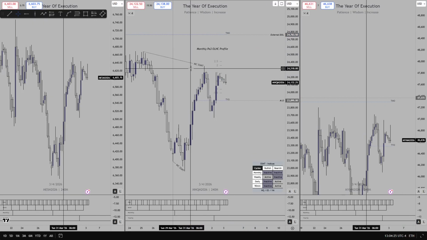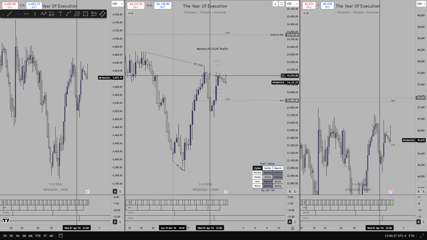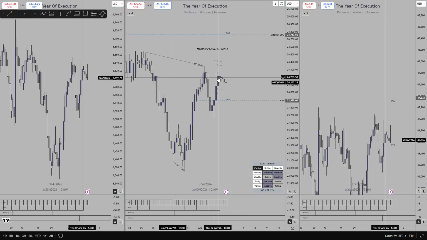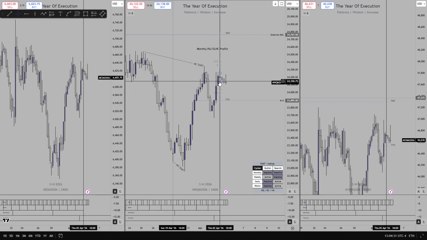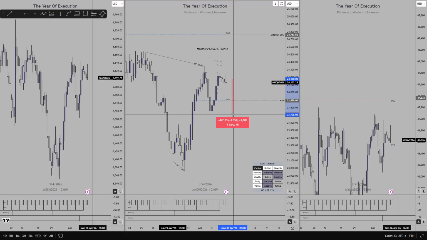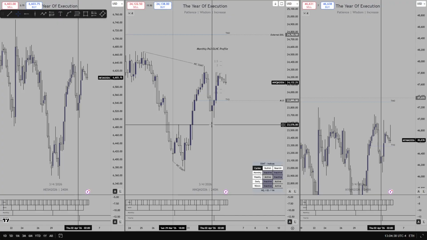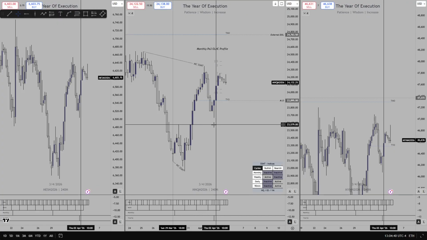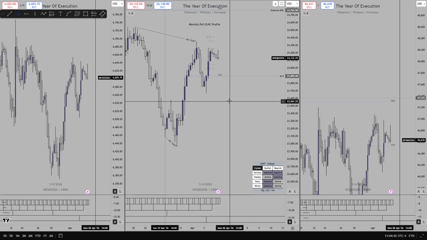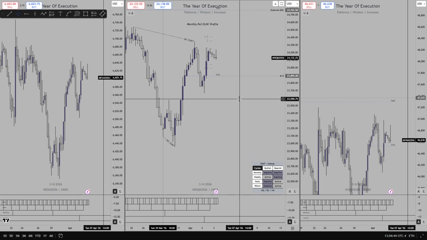If it does hold, and they do get a DCSMT at one of these highs, maybe we'll take out some liquidity. I'd like to see this dump towards the middle of this, maybe even lower, probably back to the range.